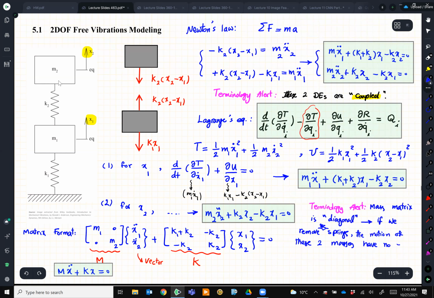They can move independently. And when that's the case, definitely your mass matrix should be diagonal, zero everywhere other than the diagonal. Otherwise, you made a mistake here.